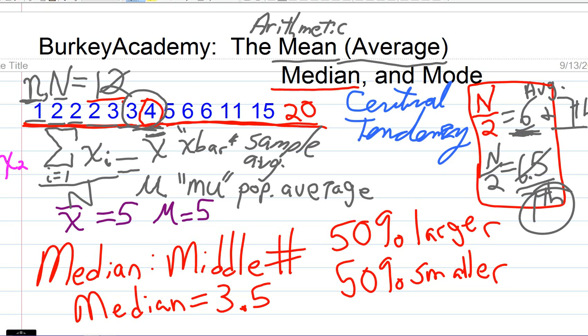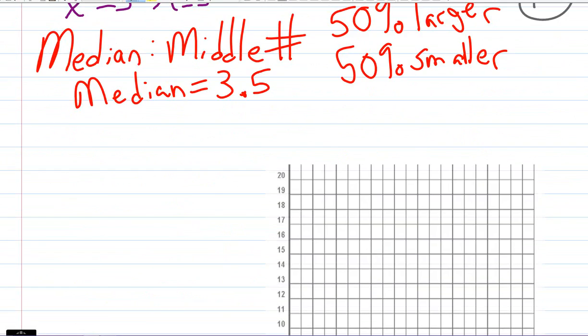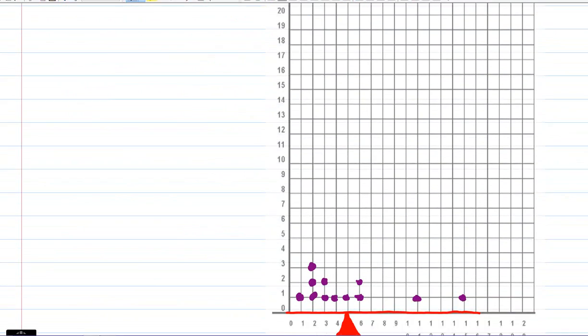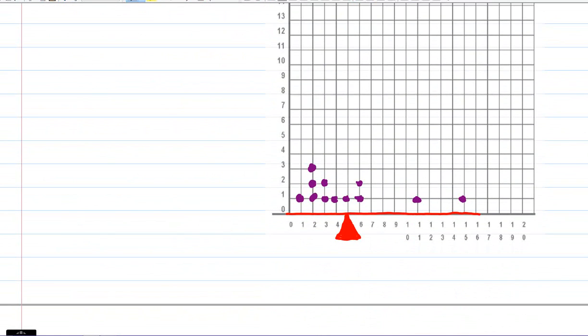Okay. Let's look at our little dot plot again down here, our little graph, and let's see where our median is going to be. Our median at 3.5, when we had these 12 numbers, median equals 3.5.